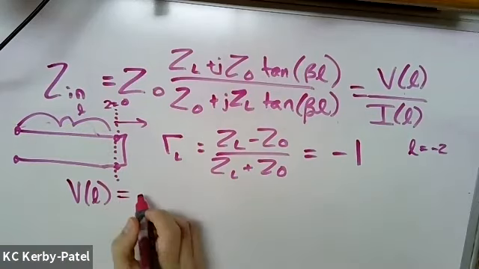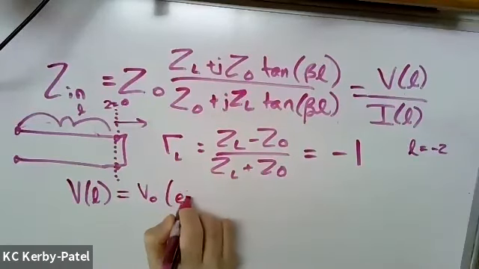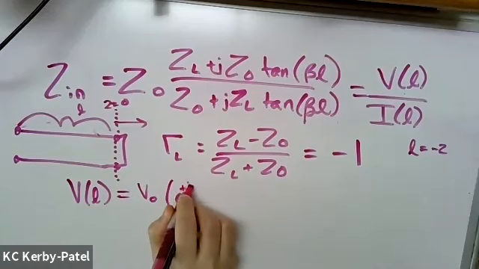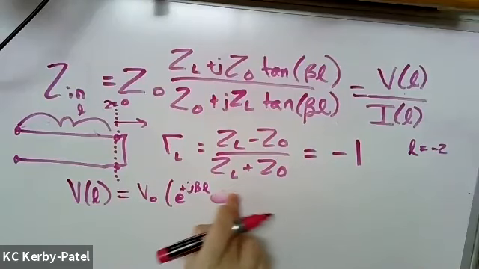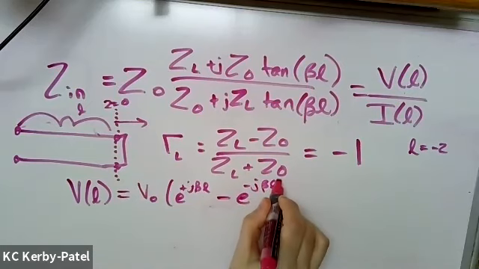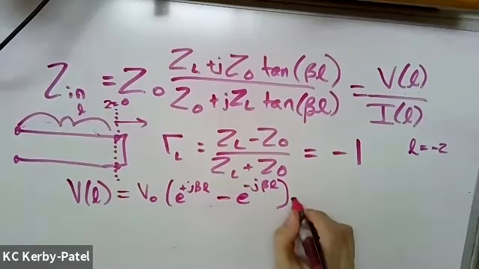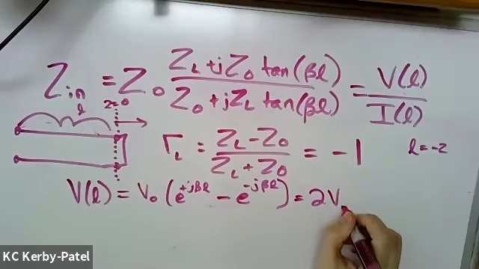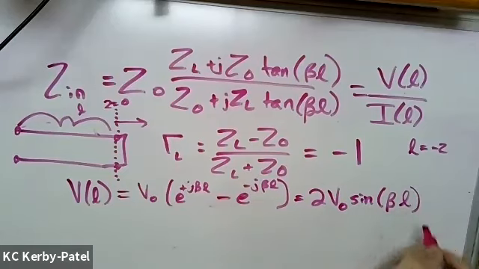So voltage as a function of L is going to be whatever our forward going voltage amplitude was times e to the plus j beta L plus that reflection coefficient, which is -1, so minus e to the minus j beta L. Well, that just looks like a sine, right? So that's 2 V0 sine of beta L with a j, because of our Euler's identity stuff.